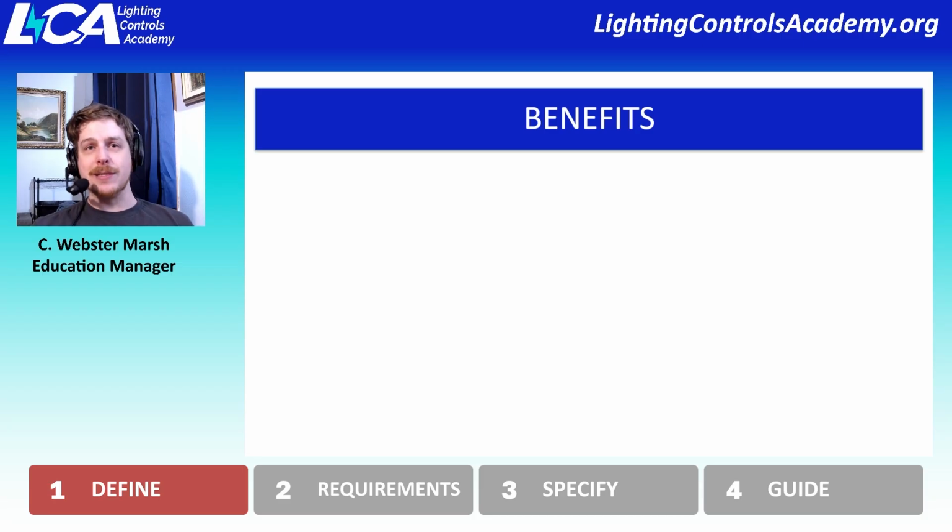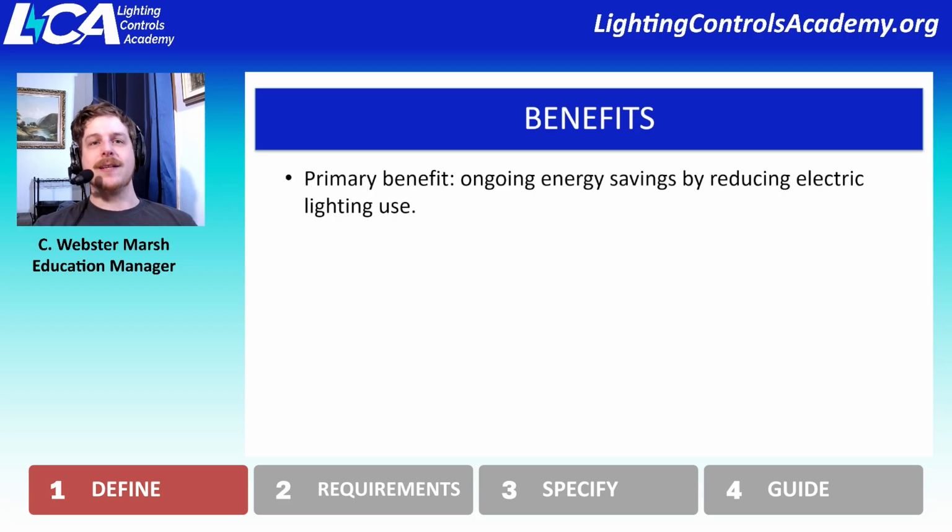So I mentioned one of the benefits, primary benefit being that we have ongoing energy savings, because again, when we have our light fixtures on at full output and sunlight is flooding into a space, that really is a waste, because the sunlight that's spilling into an office through an open window is really going to be significantly more powerful than the electric light fixture is.